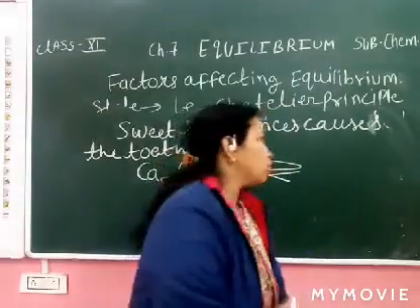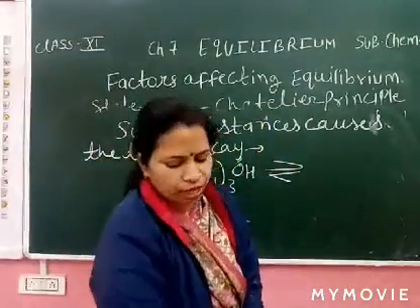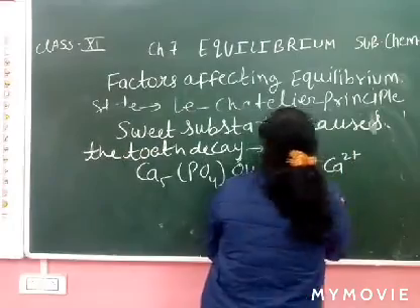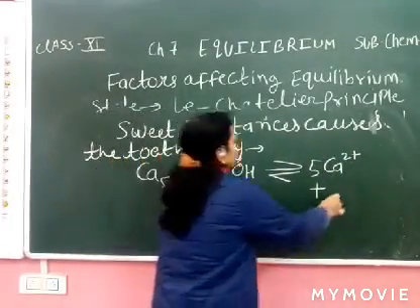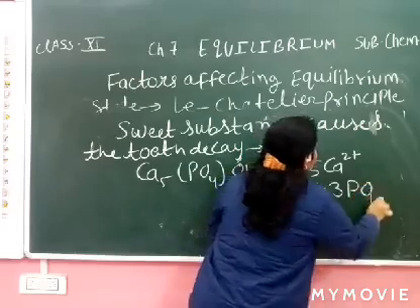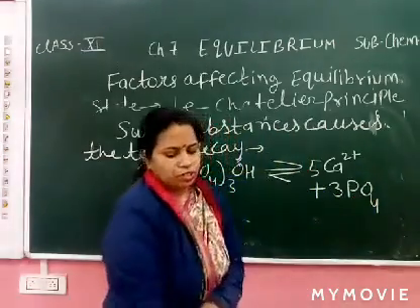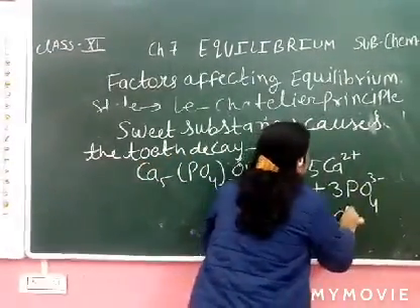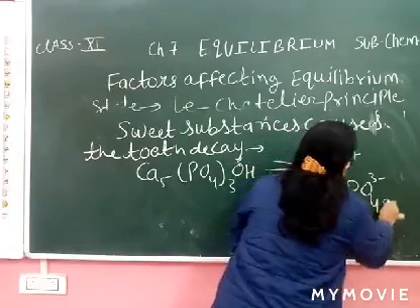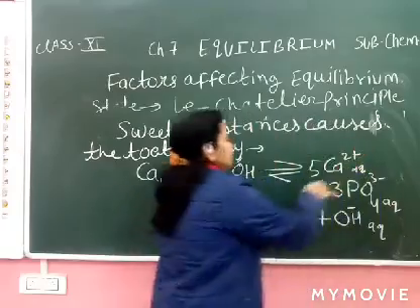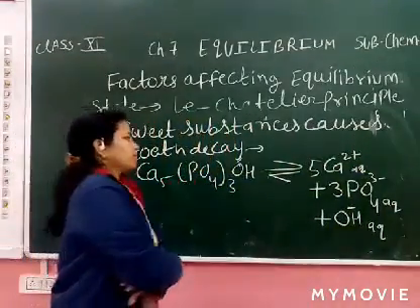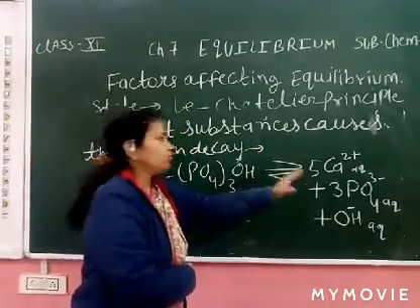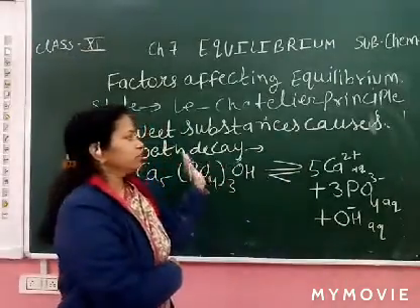Ca5(PO4)3OH breaks into 5 Ca2 plus ions, 3 phosphate ions with charge 3 minus, and hydroxide ion OH minus, all in aqueous condition. Ions are always present in aqueous solution. If it breaks, that is tooth enamel dissolving; if it forms, there is no tooth decay. So how is it possible?